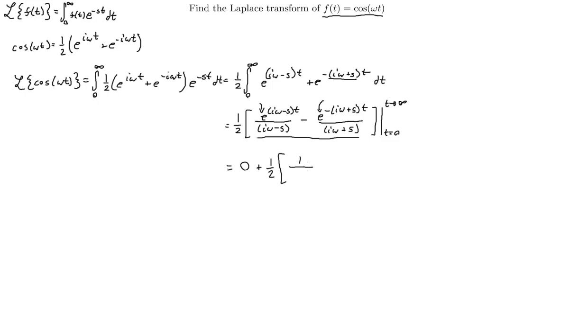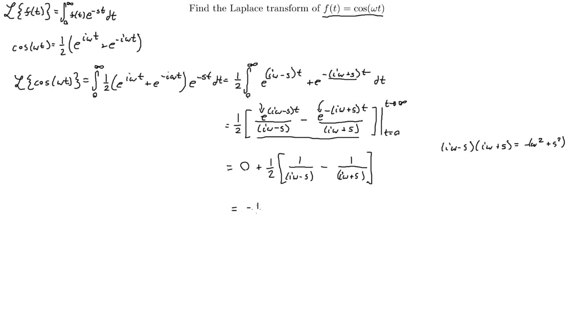So then we have 1 over i omega minus s minus 1 over i omega plus s, right? And again, our common denominator is going to be i omega minus s times i omega plus s, and that's just going to be equal to negative omega squared plus s squared, right?